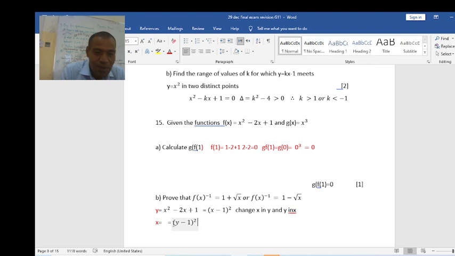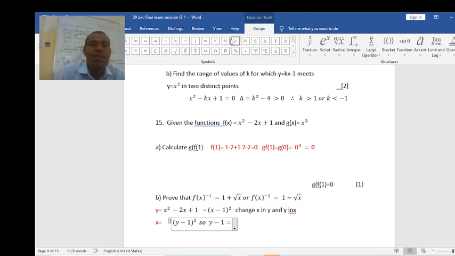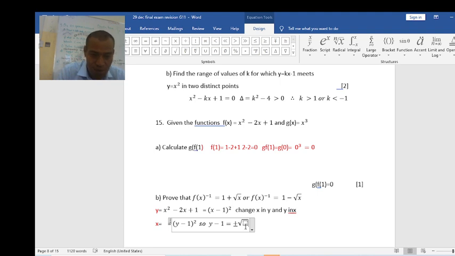So I will take the square root out. So y minus 1 equals plus or minus the square root of x. Then you can see this is minus 1, I will transfer it there. Clear?